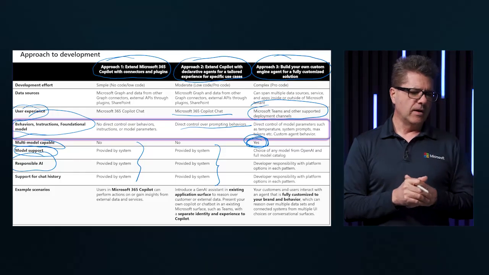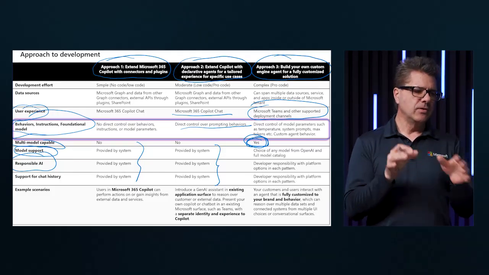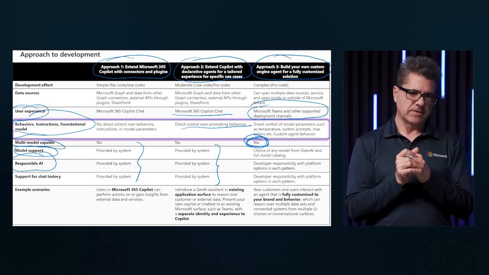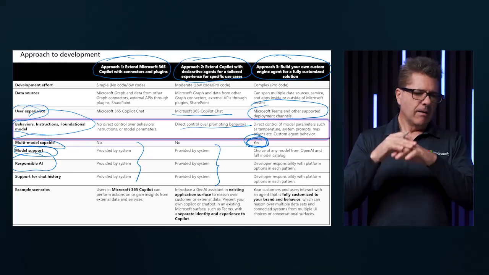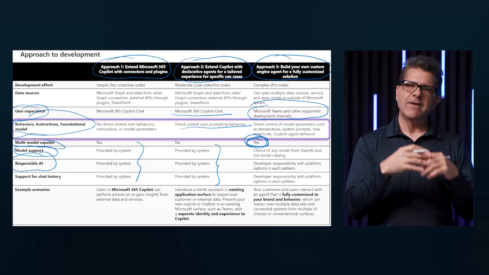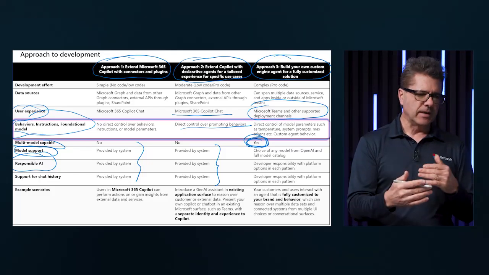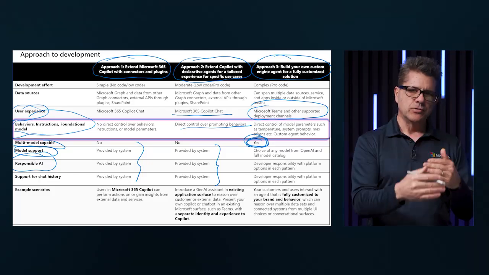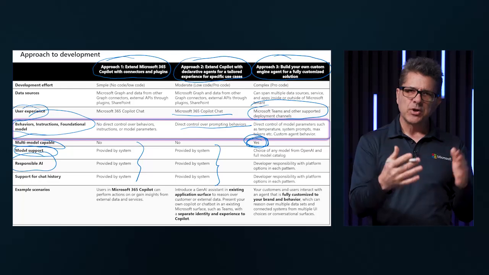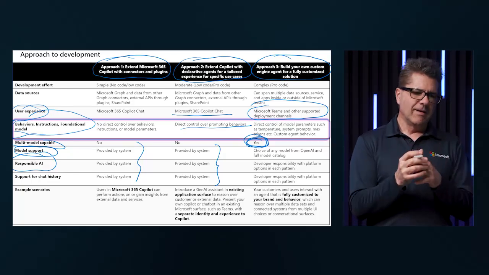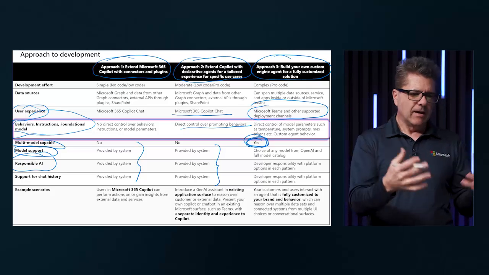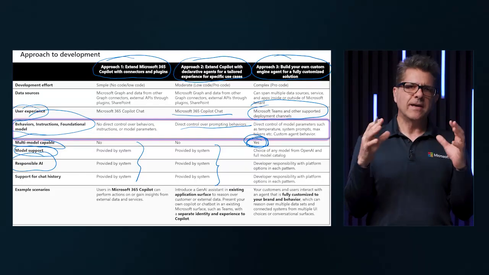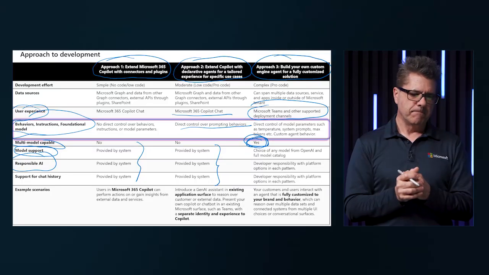Direct control over prompting behavior, I can do that with my custom agents. But if I go with a custom engine agent, I can decide on everything. I have direct flexibility to dictate the control of my model, the temperature, for example, if it is going to be chatty or it's going to be complex, the agent behavior, all of that under your control.